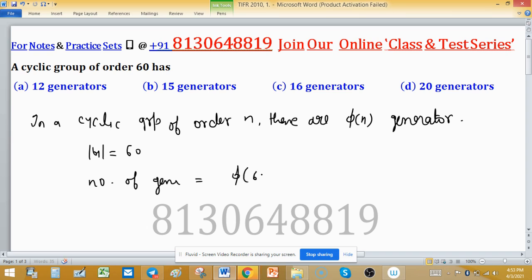phi of 60. The prime factorization of 60 is 2 squared into 3 into 5.